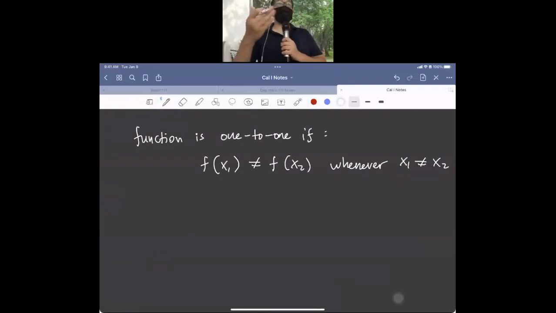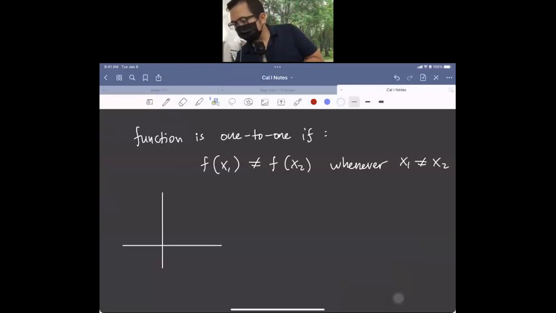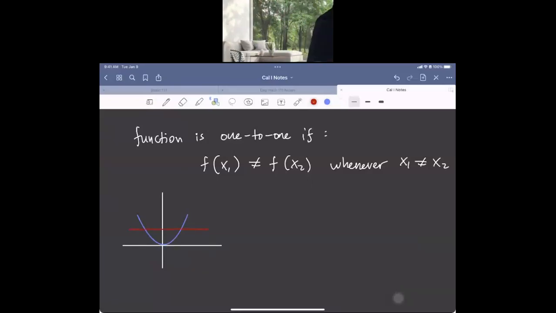one way to look at the functions, how to try whether it's one-to-one or not, let me just go back and write the x squared. If we draw a line, because if we have one-to-one functions, we need to have f(x1) not the same as f(x2).